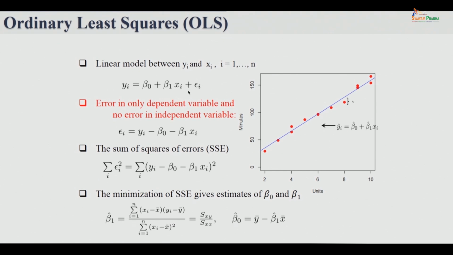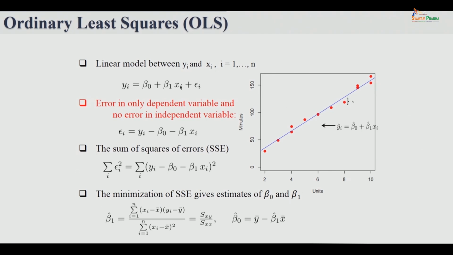So, in this particular ordinary least squares regression that we are going to deal with, we will assume whenever we set up the problem, xi, the independent variable, is assumed to be completely error free, in the sense we have measured xi exactly, there is no error in reporting of xi.